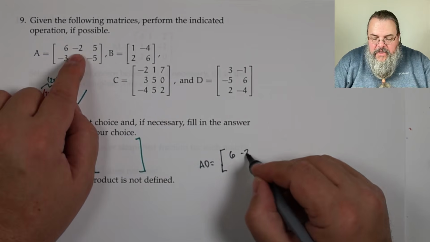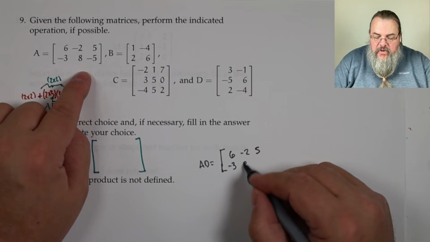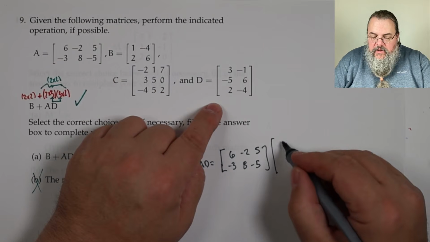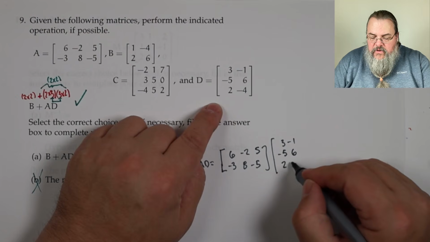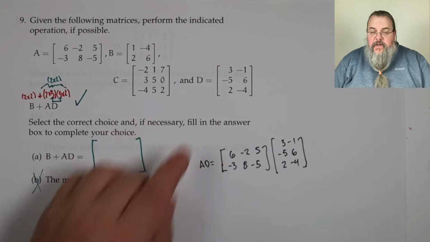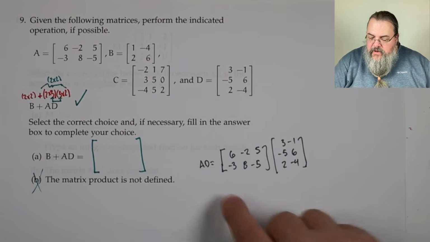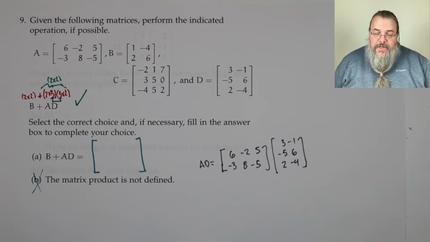Okay, so we're copying it down. A is 6, -2, 5 on the first row, and -3, 8, -5 on the second. And now D: 3, -1, -5, 6, 2, -4. And there are our matrices, AD. And as before, what are we going to do?